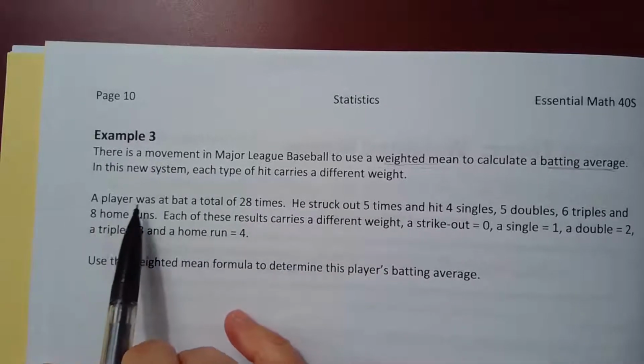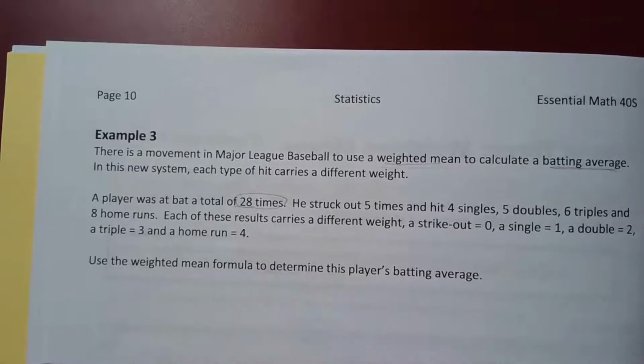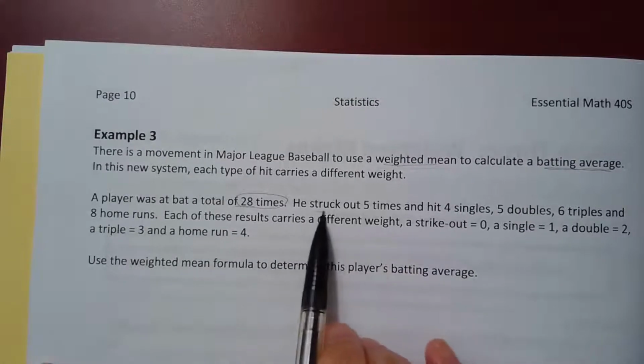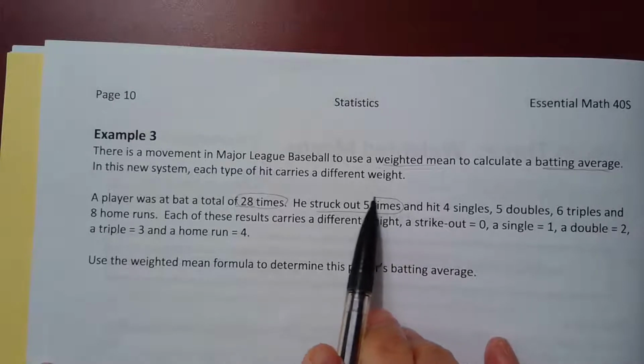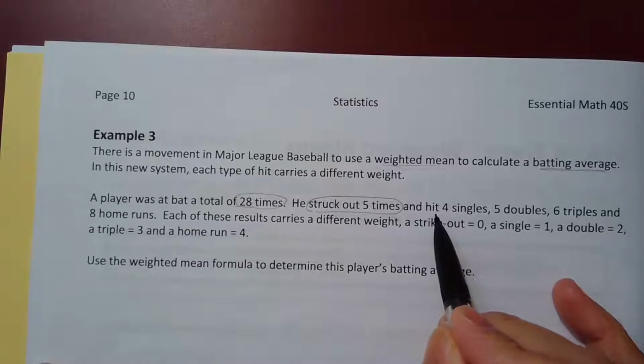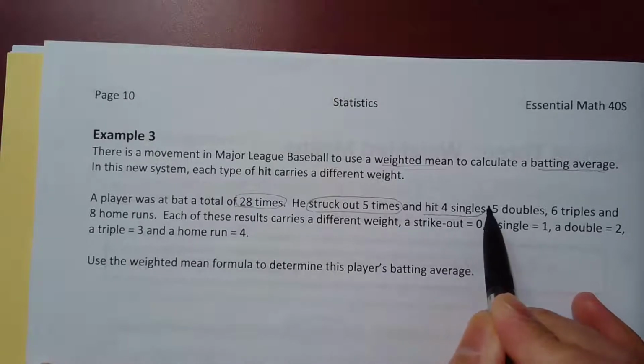So a player was at bat 28 times. He struck out 5 times. Hit singles 4 times.